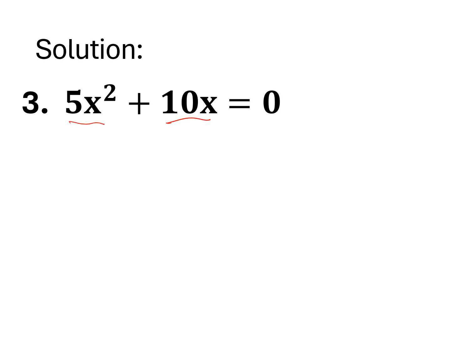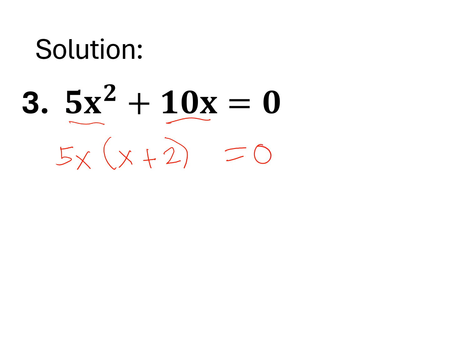Yes, that is 5x. Then, to get the other factor, we divide each term by the GCF. So, 5x squared divided by 5x, that is x. Then, 10x divided by 5x, that is 2. So, we have equals 0 here.